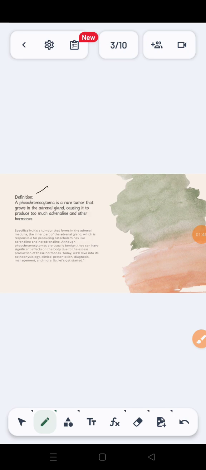Although pheochromocytomas are usually benign, they can have significant effects on the body due to excess production of these hormones. Today we will dive into its pathophysiology, clinical presentation, diagnosis, management, and more. So let's get started.